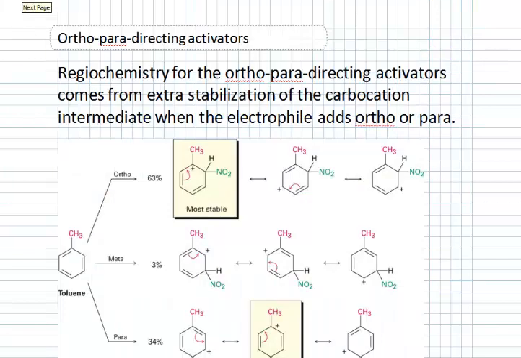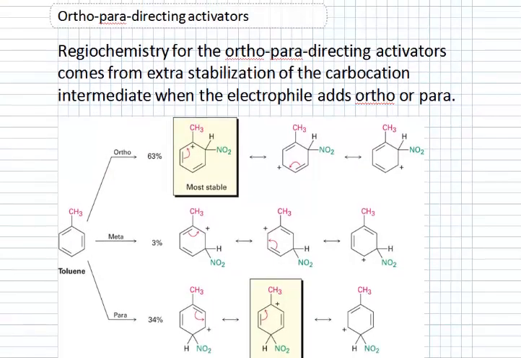Let's talk about how that regiochemistry works. Start with ortho-para directing activators. Now, this comes from extra stabilization of that carbocation intermediate if an electrophile adds ortho or para. So let's follow this along and figure out what's happened here. Here I have toluene. We're adding some electrophile to it.